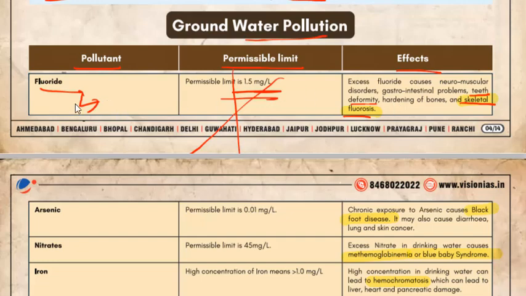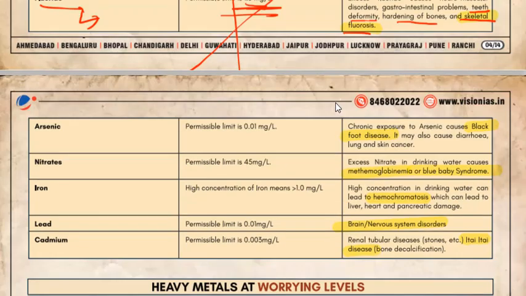So a particular amount is required. It is written excess fluoride causes neuromuscular disorder, gastrointestinal problem, teeth deformity, hardening of bones and the skeletal fluorosis. So it creates a skeletal fluorosis.